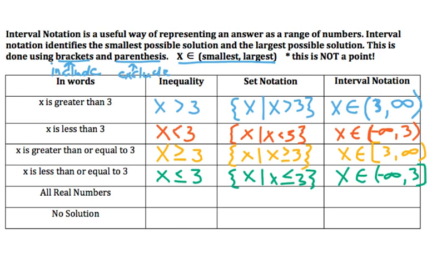Next up, we have all real numbers. So in all real numbers, we just state it as such. That's all real numbers. If we do it in set notation, remember all we're doing is putting this fancy R into braces.